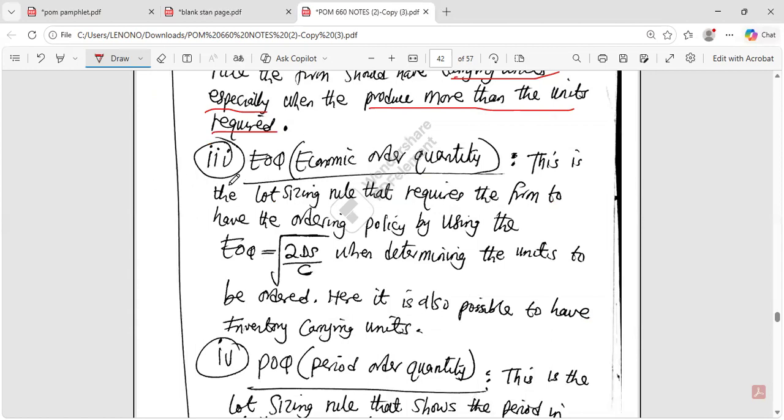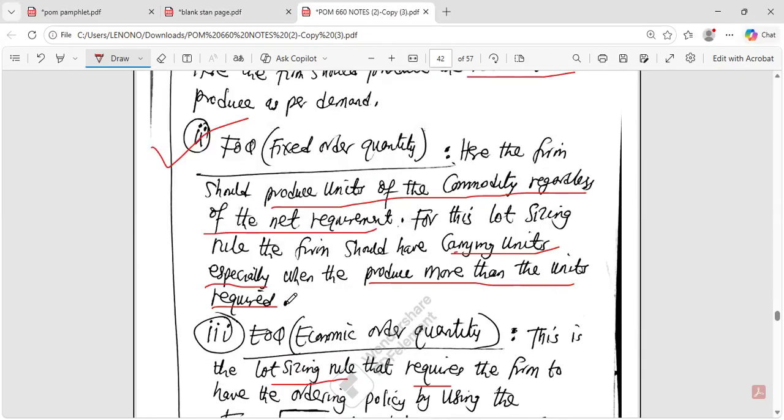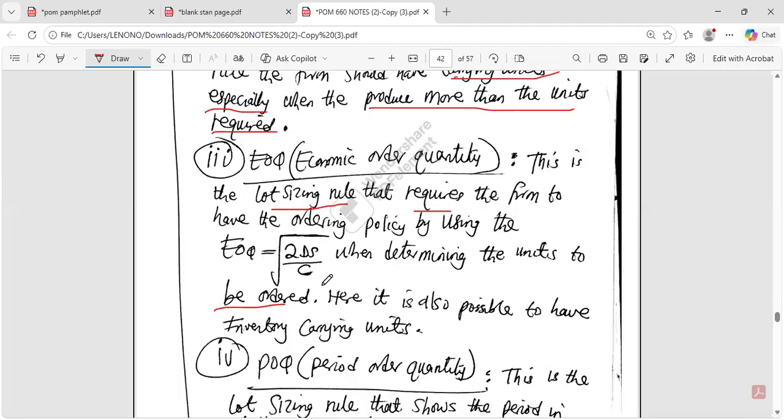This is the lot sizing rule that requires the firm to set the ordering policy by using the EOQ formula, 2DS over H, when determining how many units to order. For the fixed order quantity, there's no formula. They will just decide, okay, we should order 1,000 units every time we have a problem. But for EOQ, you have the formula to use that will guide you on the fixed ordering policy.